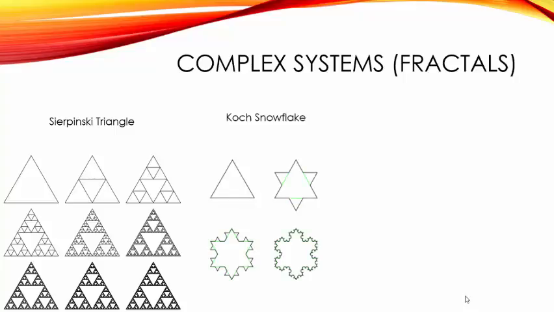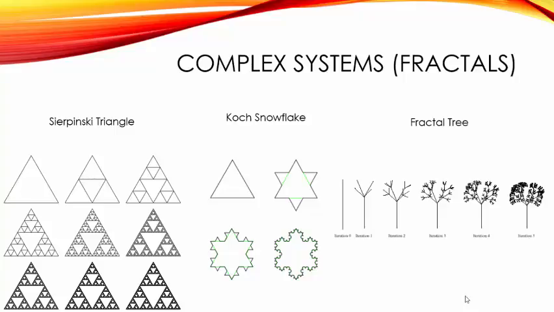The Koch snowflake, which can be constructed by starting with an equilateral triangle, then recursively altering each line segment by first dividing the line segment into 3 segments of equal length, then drawing an equilateral triangle that has the middle segment from step 1 as its base and points outward, and finally removing the line segment that is the base of the triangle from the previous step. We also have fractal trees with similar characteristics.